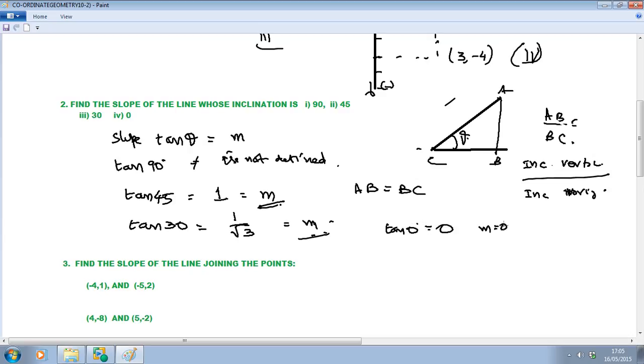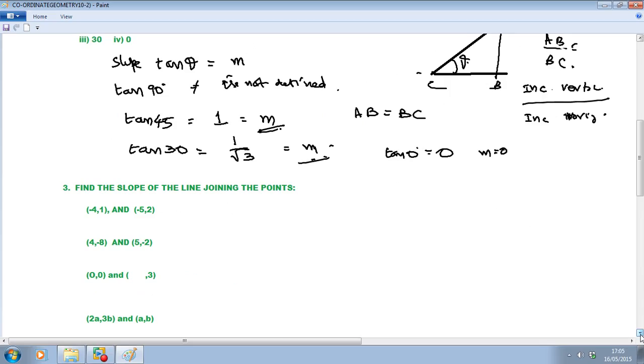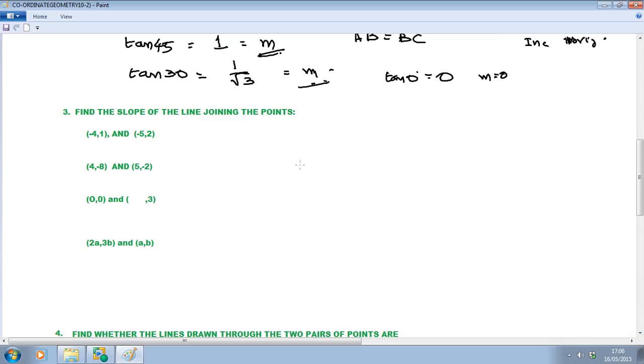Next, find the slope of the line joining 2 points. So two coordinates are given and we have to find the slope. Let us say the first point is x1, y1. The other point is x2, y2.